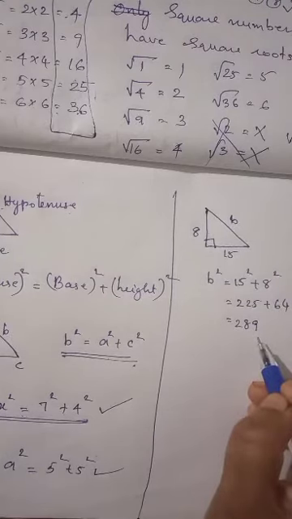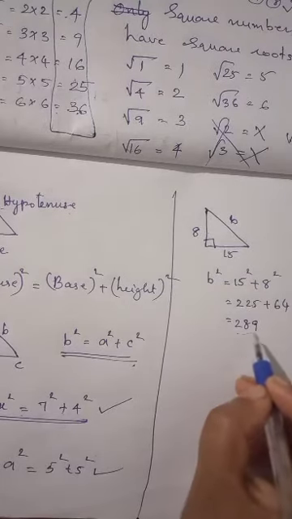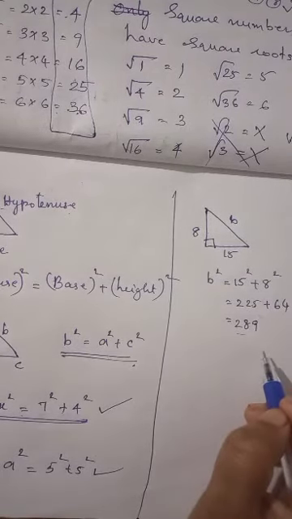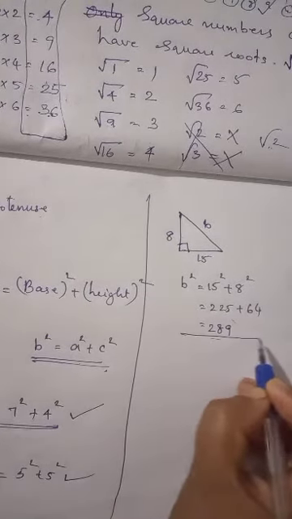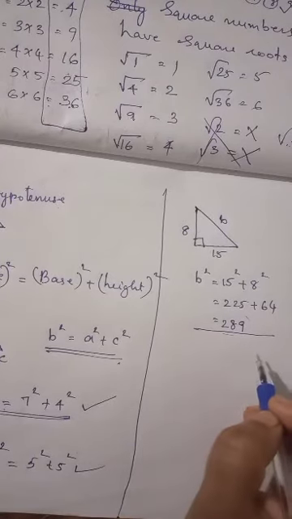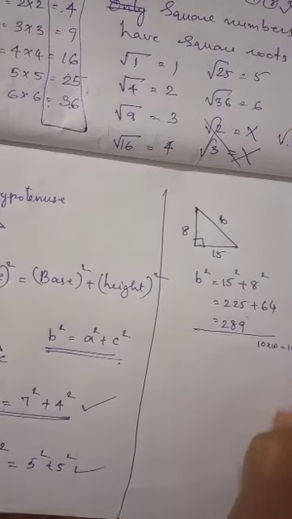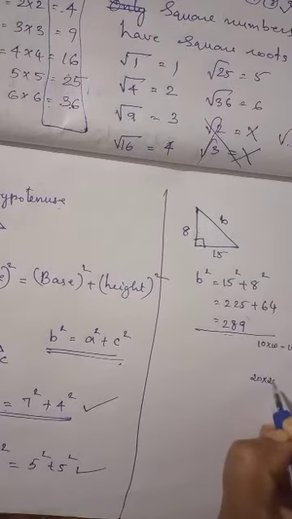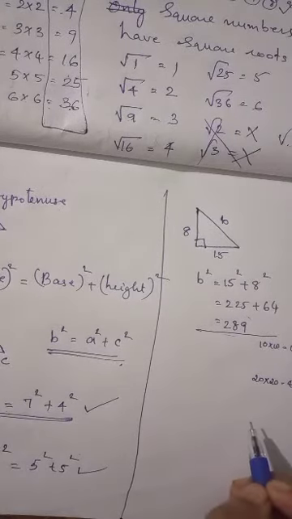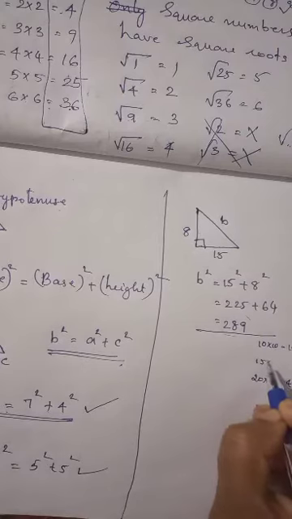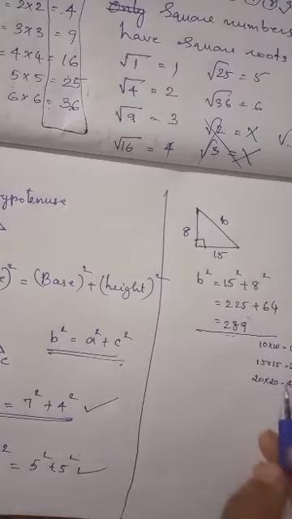289 we have to factorize. A same number multiplied by itself should give 289. Is it a square number or not? That we have to check. How to check whether this is a square number? 10 into 10 is 100. 20 into 20 is 400. 289 is coming in between 100 and 400. 15 into 15 is 225.